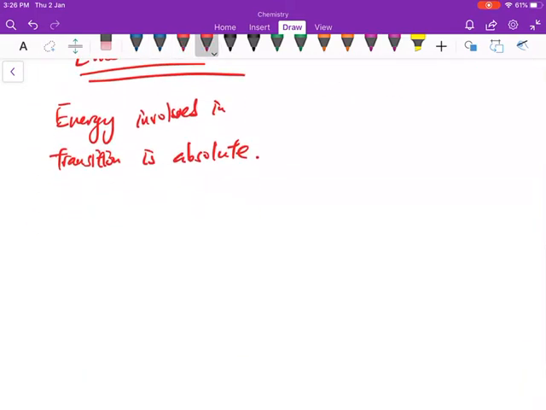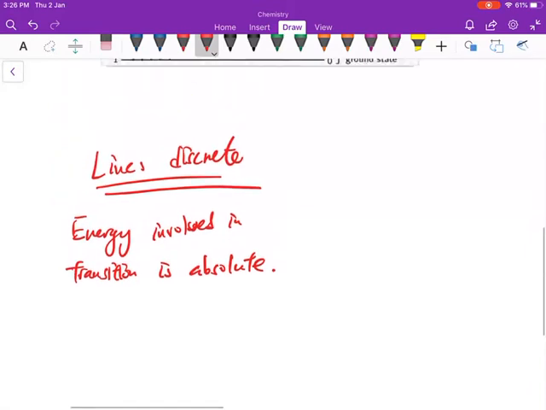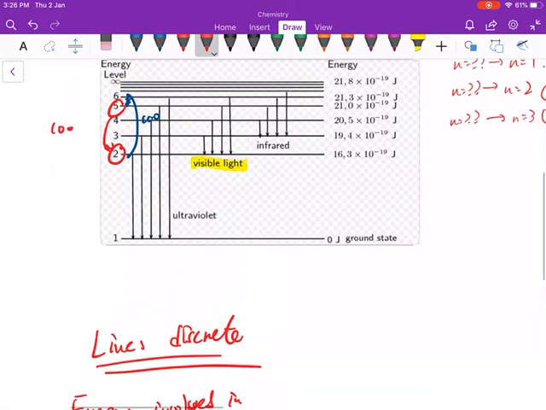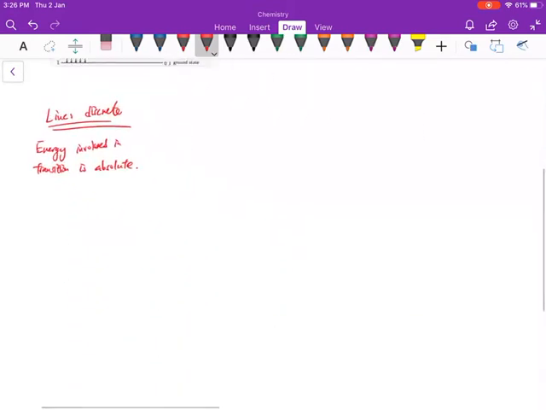Because he found out that the energy involved in the transition must be absolute, he then concluded that the energy levels themselves must be absolute and in a set value. We all know that these energy levels are actually energy.